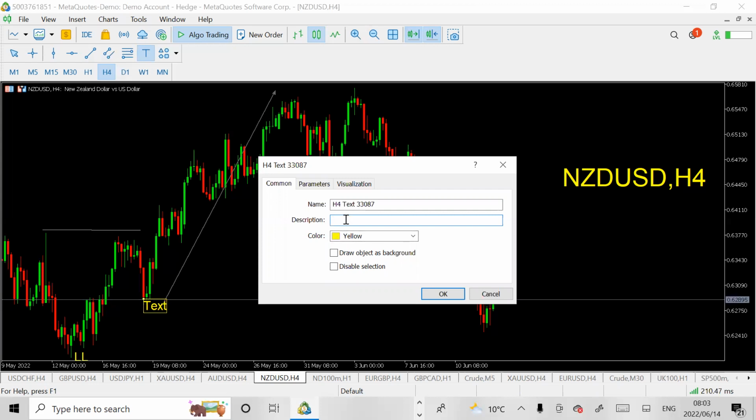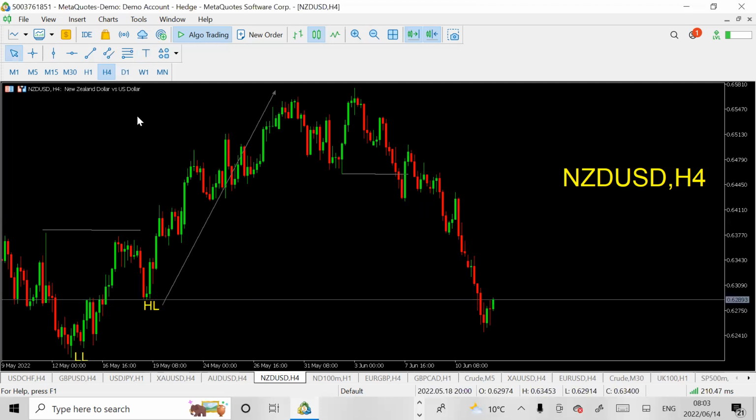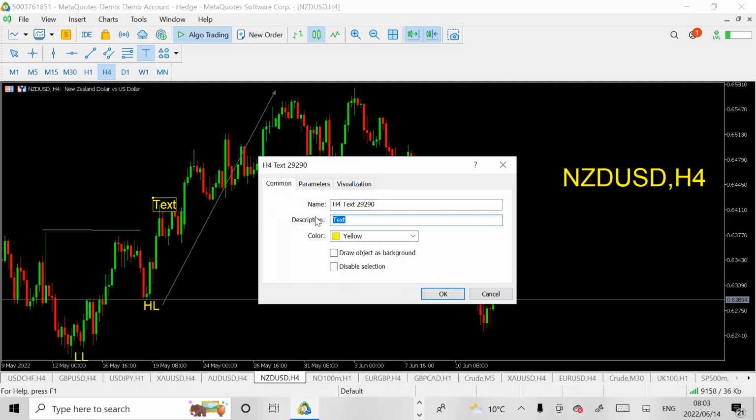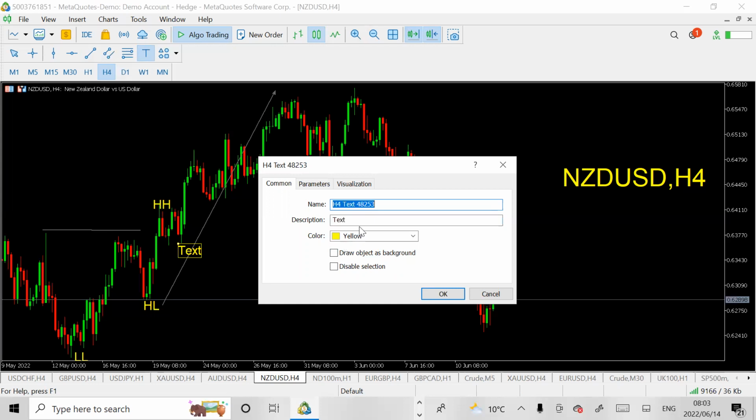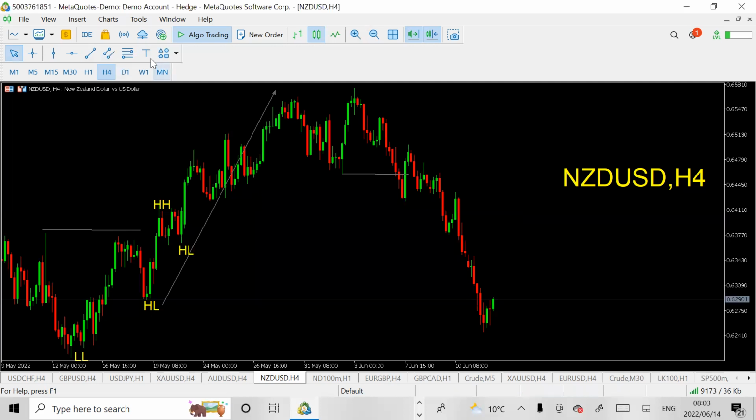It's a higher low. Yes, higher low. Then this one, that's a higher low too. Then this one, higher high, a higher low, since we're in a bullish trend. Then this.